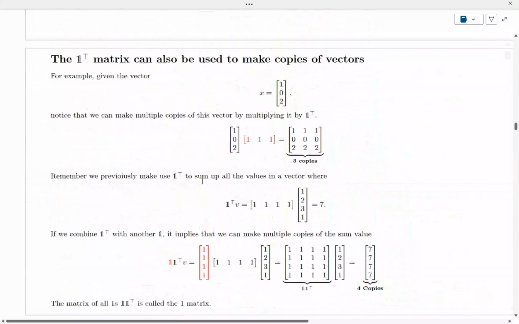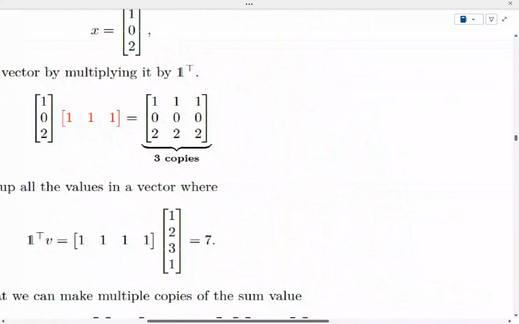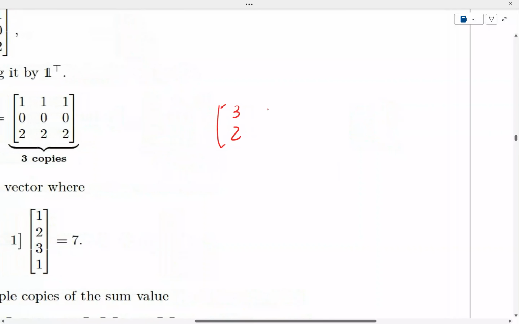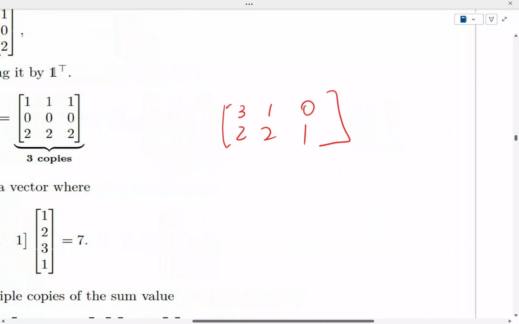For example, let's say you have a matrix 3, 2, 1, 2, 0, 1. And what you want to do is, for every single column, subtract another vector, in this case 1, 2.